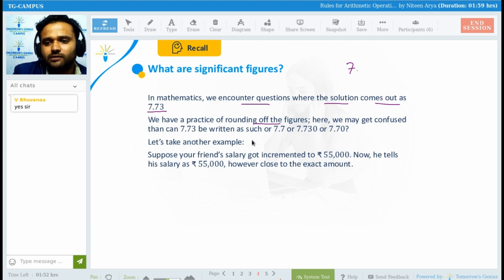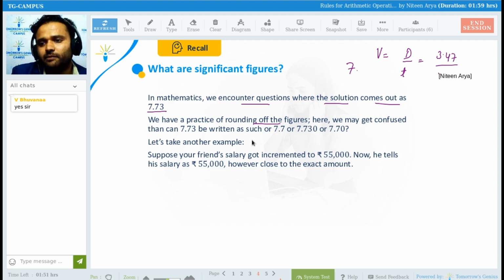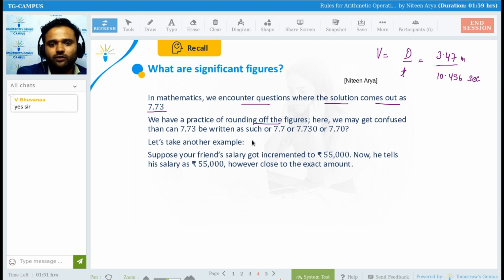For example, if you are talking about velocity, which is displacement upon time, on the behalf of physics I can tell you, the distance is 3.47 meter, and the time is 10.456 seconds. So automatically the unit is meter per second.